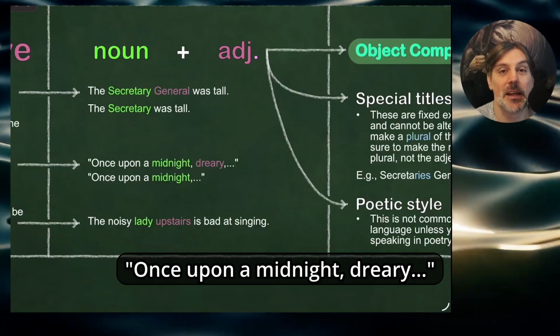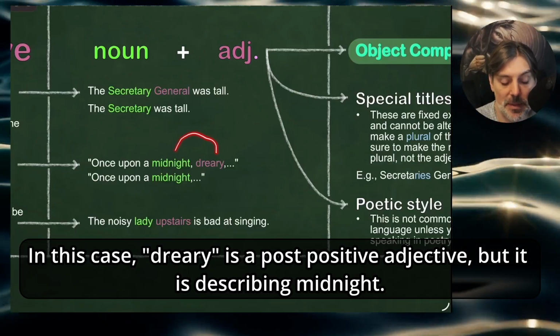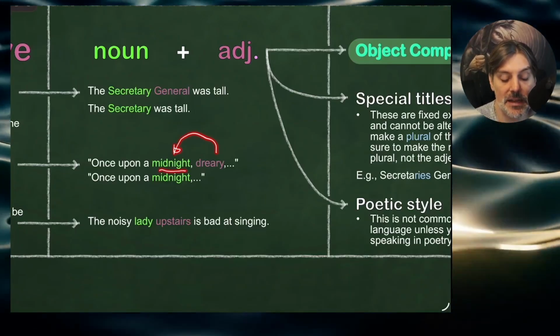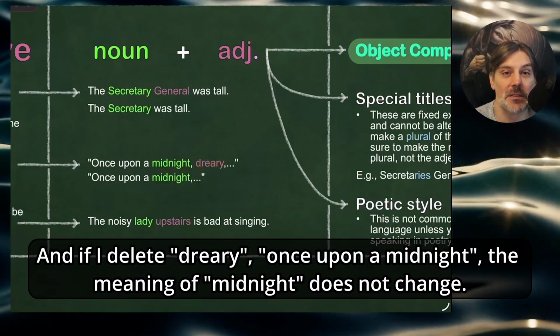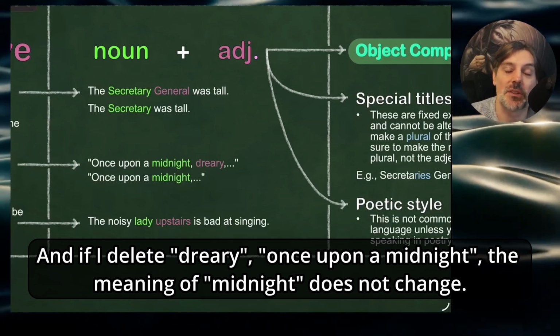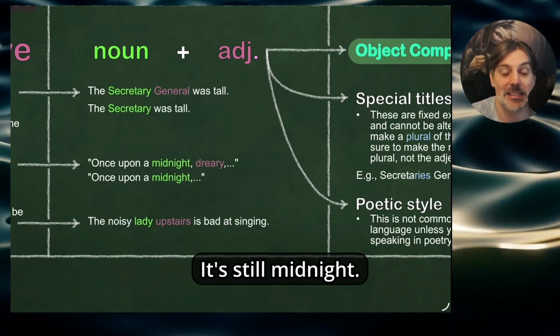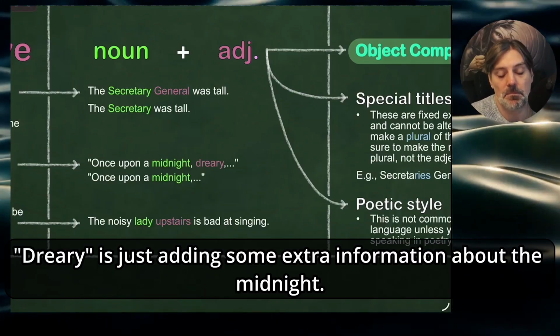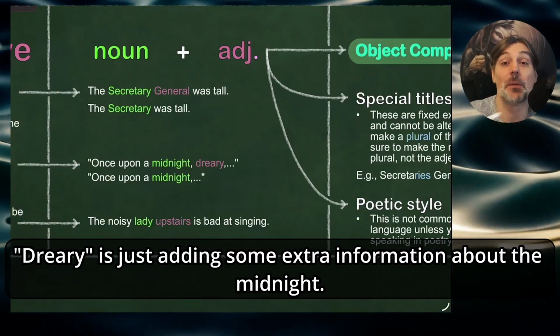In this case, dreary is a postpositive adjective, and it is describing midnight. And if I delete dreary, once upon a midnight, the meaning of midnight does not change. Midnight stays exactly the same. All right? It's still midnight. Dreary is just adding some extra information about the midnight.